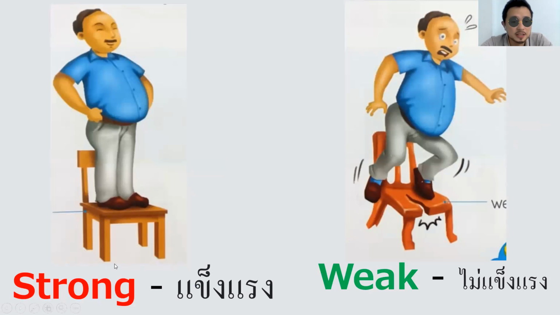The first object, the man is standing still because this chair is made of wood, and we know that wood is strong.